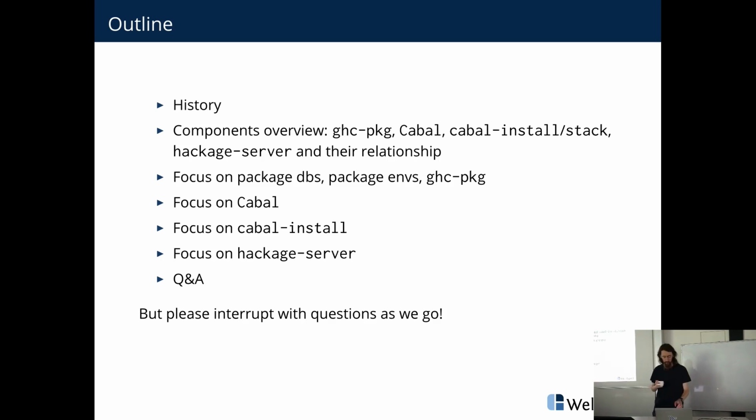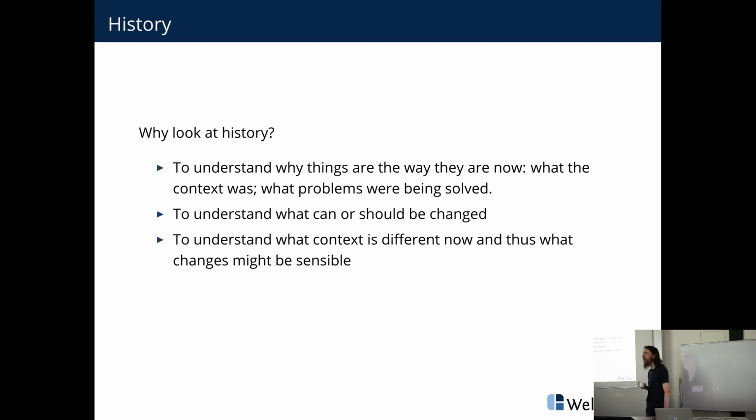Okay. So why look at history? I think sometimes if you come along to a project and it is old, it's not always obvious what you can change and what you can't change. What is considered good and shouldn't be changed, and this is an important design principle and don't change that, versus well, this is only here because of an accident of history, and really you ought to go and tidy that up.